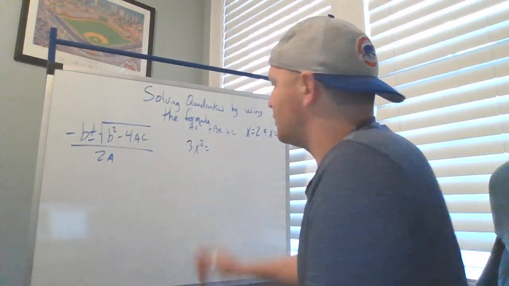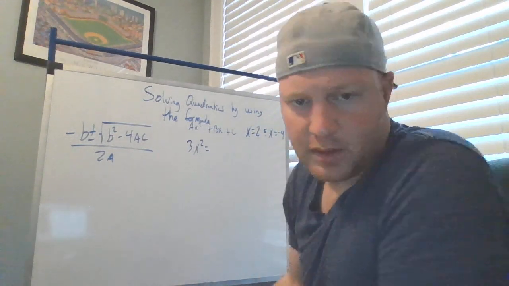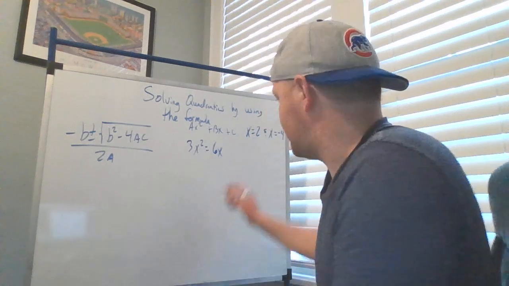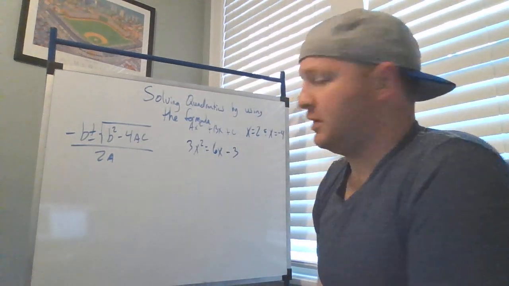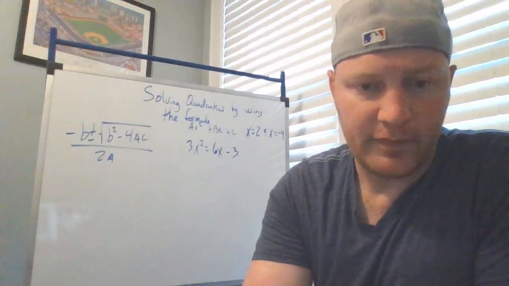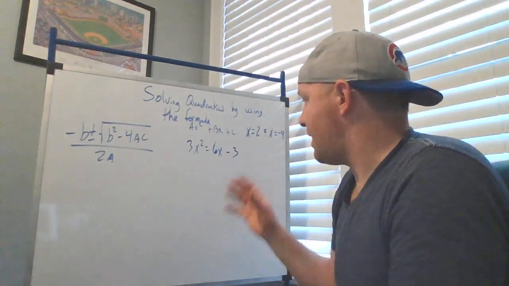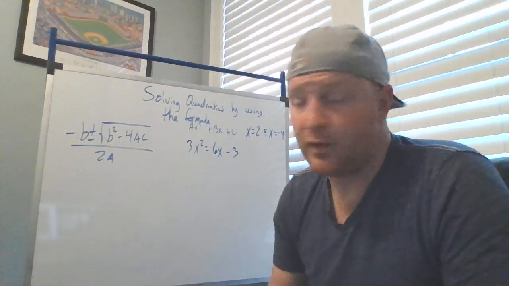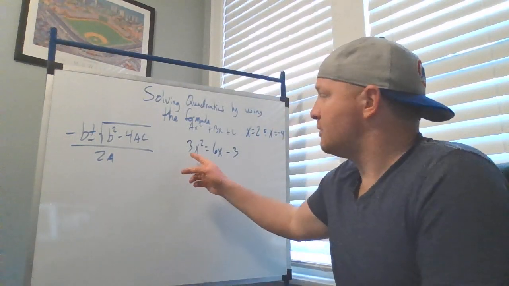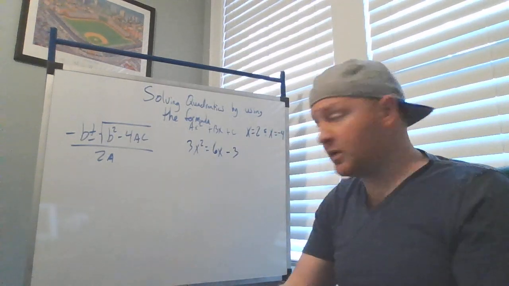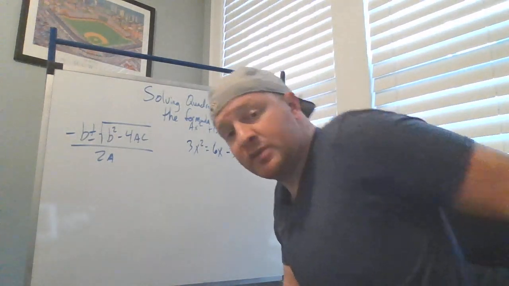So I got 3x squared equals 6x minus 3. Now, if you see something like this, first and foremost, you got to have all the letters and coefficients on one side of the equation. So I could subtract 3x squared, bring it over to this side, so then it says -3x squared plus 6x minus 3 equals 0.